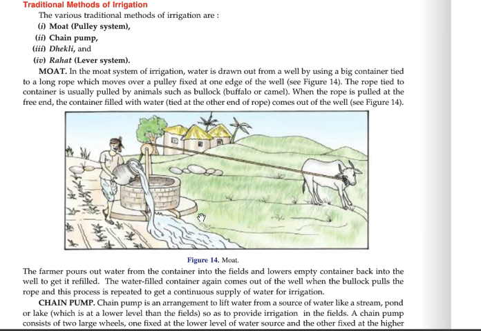It is a tedious, time consuming method, we can say, for the irrigation of a field, and it is also used for a small area of land for irrigation purposes.